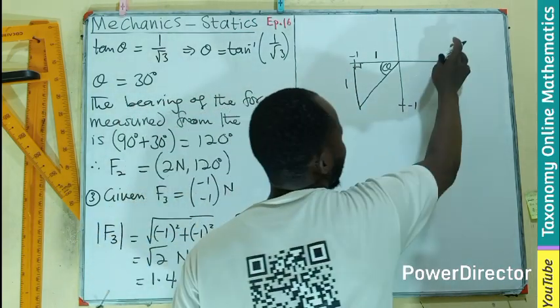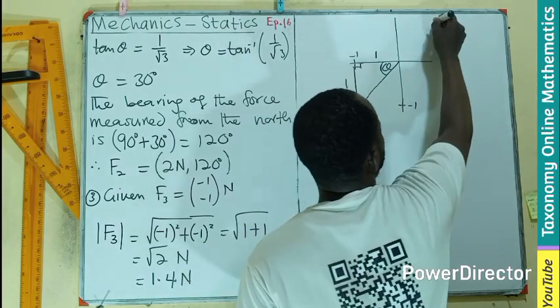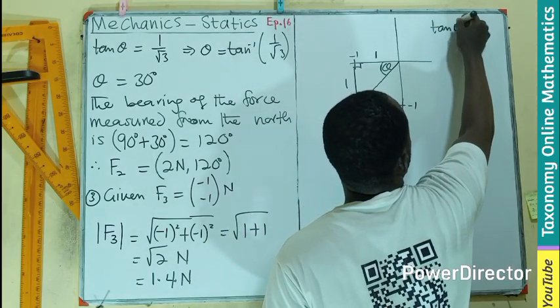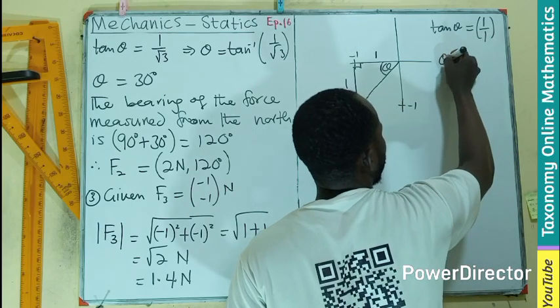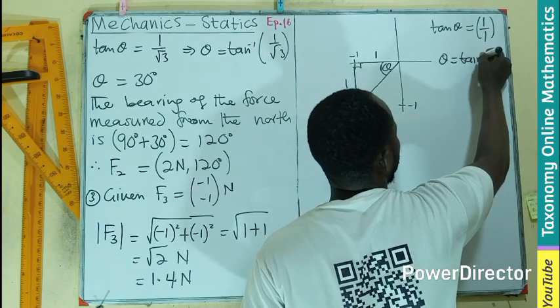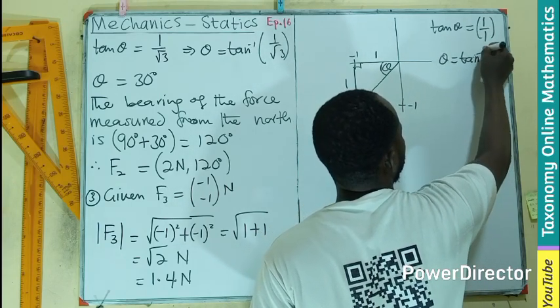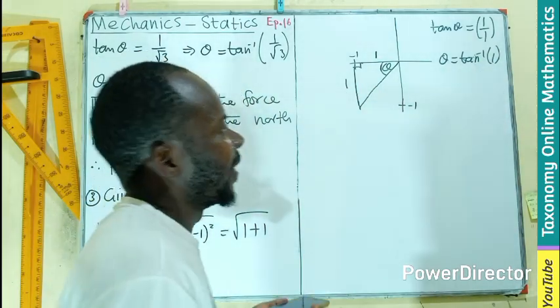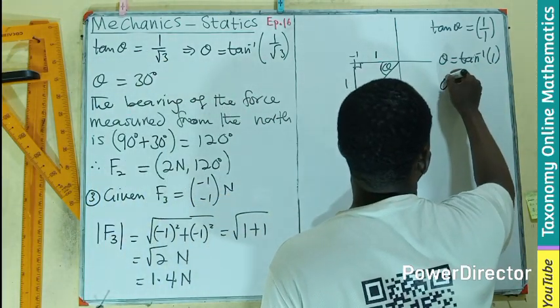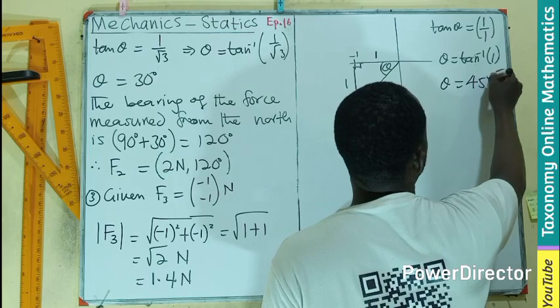So we can say that tan theta equals 1 over 1, which is 1. So theta will be equal to tan inverse of just 1, because 1 over 1 is going to be 1. And that will give you theta equals to what? 45 degrees.